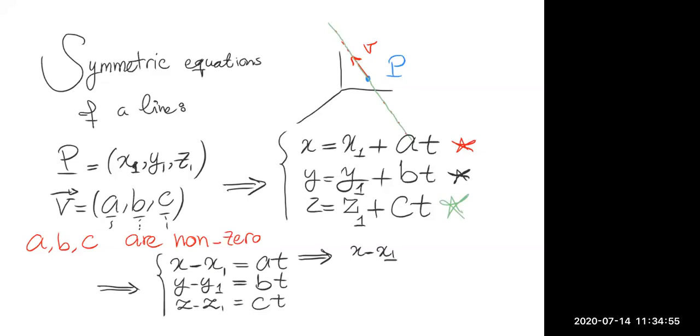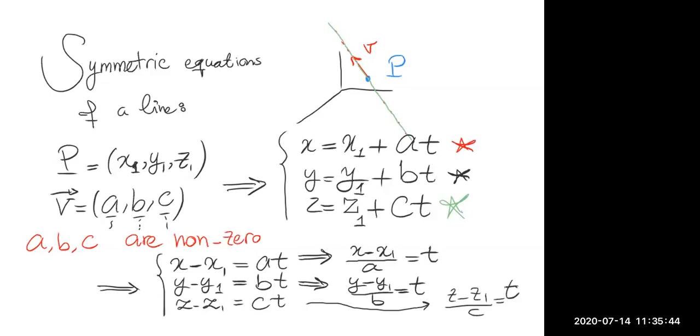On the right side, aT over a, a and a cancel each other, so we end up with just T. So x minus x1 over a equals T. If we divide both sides of the second equation by b, I get y minus y1 over b equals bT over b, but b and b cancel, so it is equal to T. The third equation gives me z minus z1 over c equals T. I'll write these down on the next page: x minus x1 over a equals T, y minus y1 over b equals T, z minus z1 over c equals T.